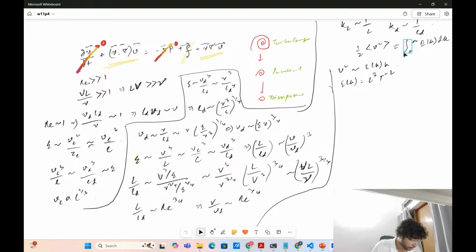And if you do a dimensional analysis of energy, so energy is V square by K, right?